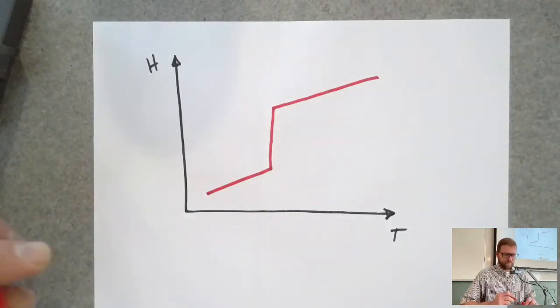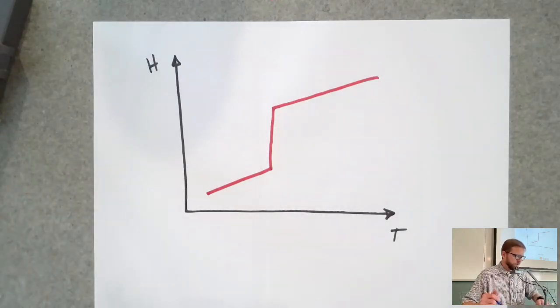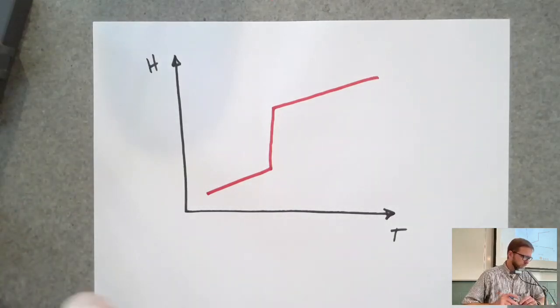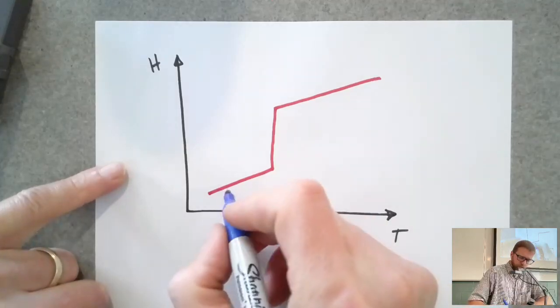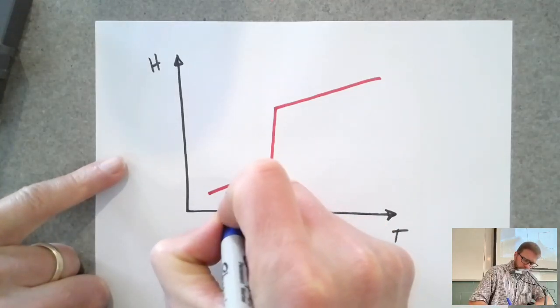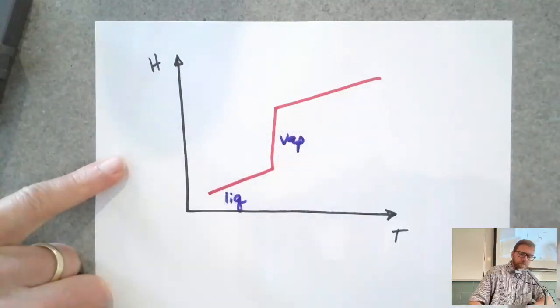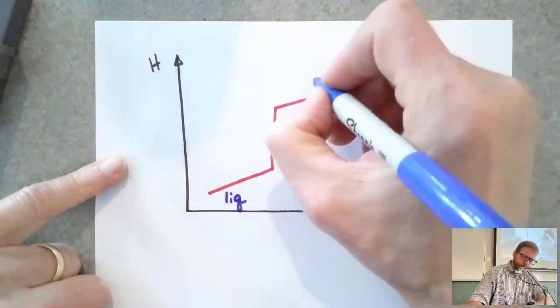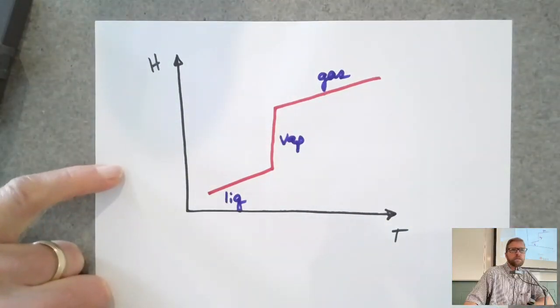So if we're just going through a single phase transition, like this could be liquid water. This is vaporization, and then this is the gas, water, right?